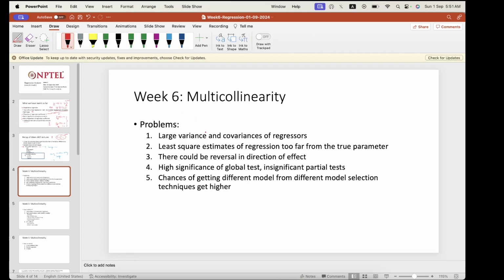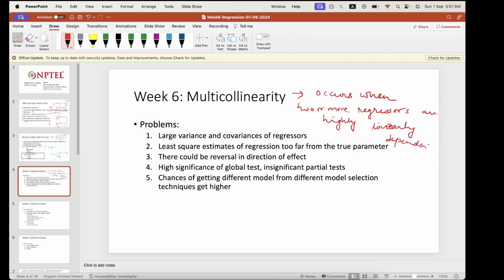Multicollinearity happens when two or more regressors are highly linearly dependent.